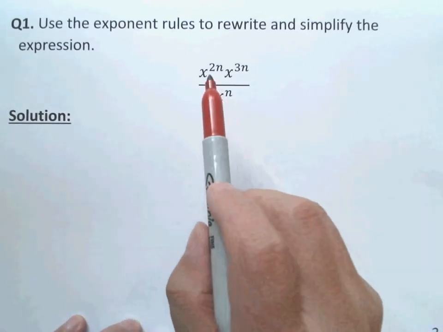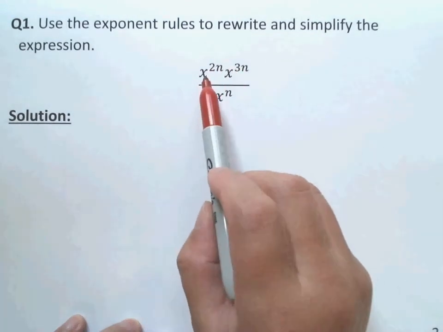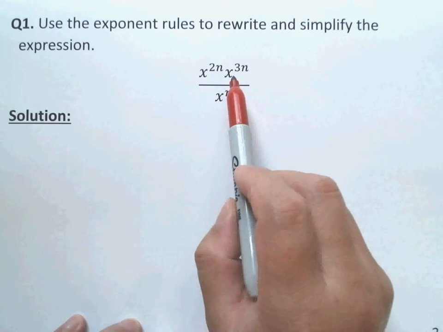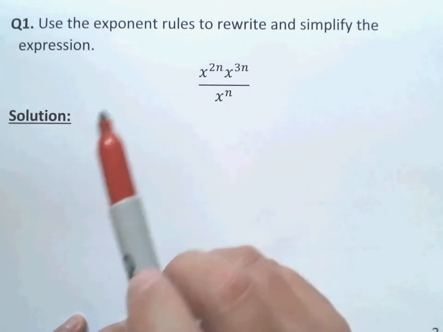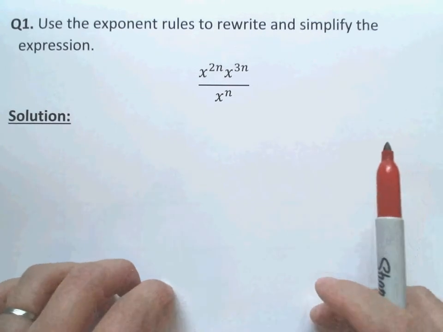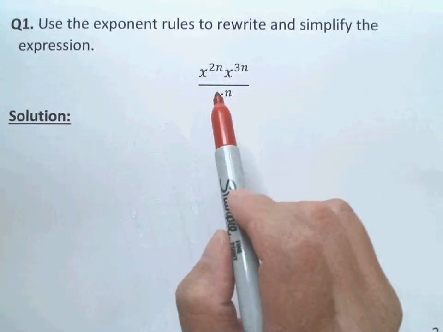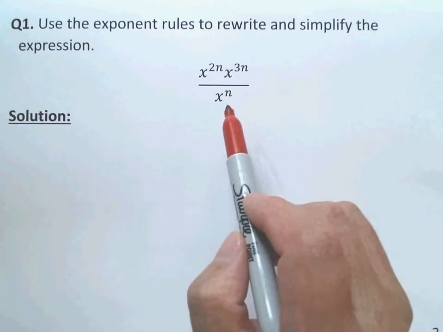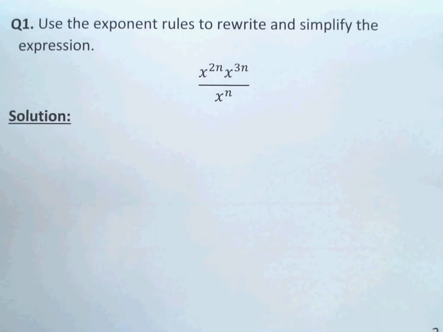We look at the numerator: the bases are the same, x, and the powers are different. Do you remember this? This is the product rule. So we can use the product rule first to simplify the numerator, and then divide by the denominator, which has the same base, so it's the quotient rule the second time.